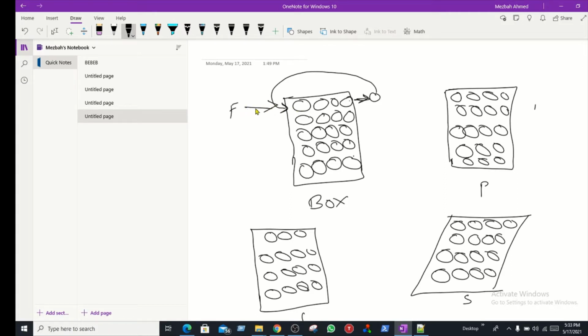Because of the force F, one atom from this simulation box will leave the box, and finally, for the periodic boundary, it will come to its initial position. That's why you will see this structure again, and we can say that the total number of atoms in this simulation box will be constant for a periodic boundary.